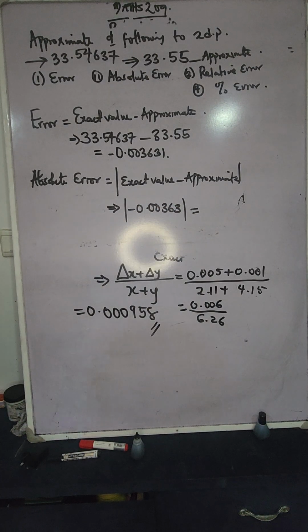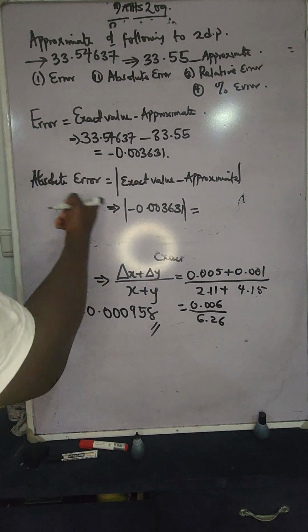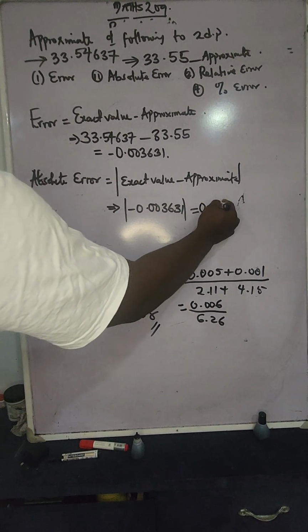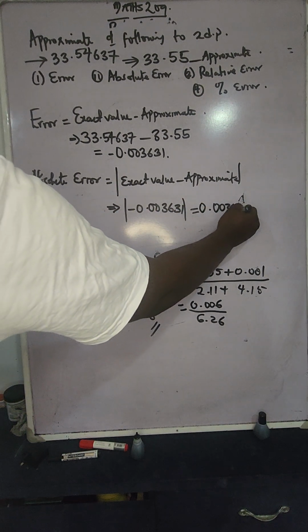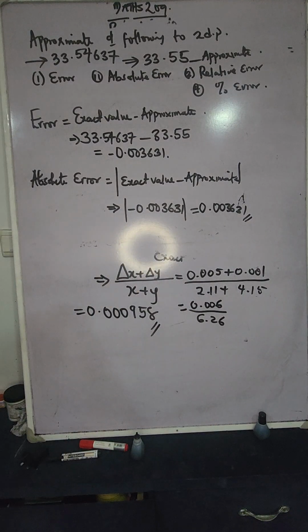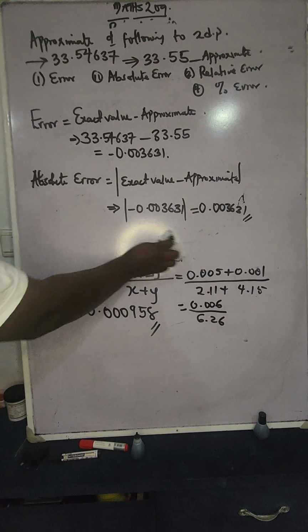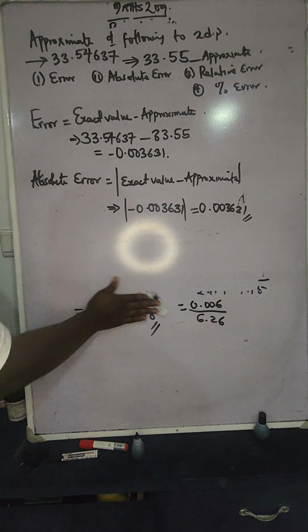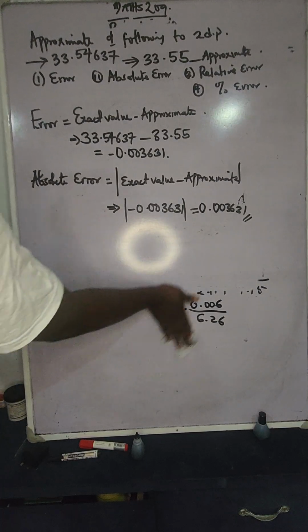When you deduct the minus from it, absolute error removes the minus. So the absolute error in this function is 0.003631. Is that clear? Now that we've found the absolute error, it is left for us to find the relative error.